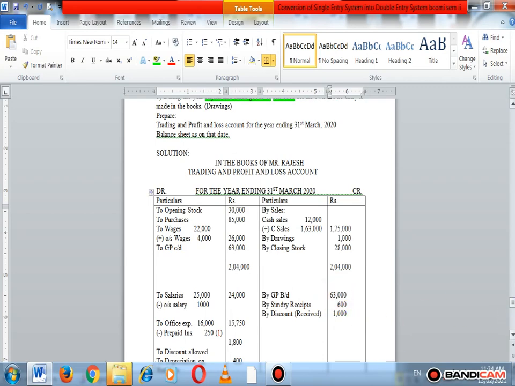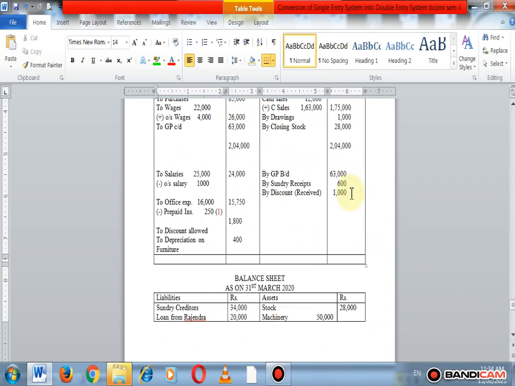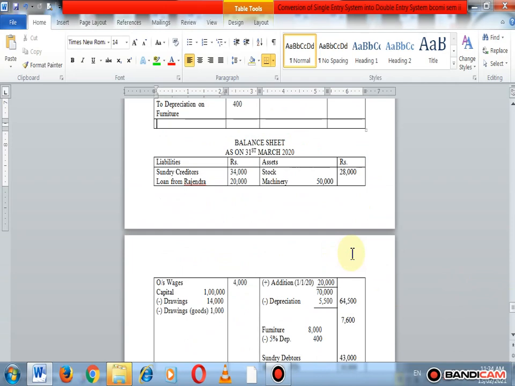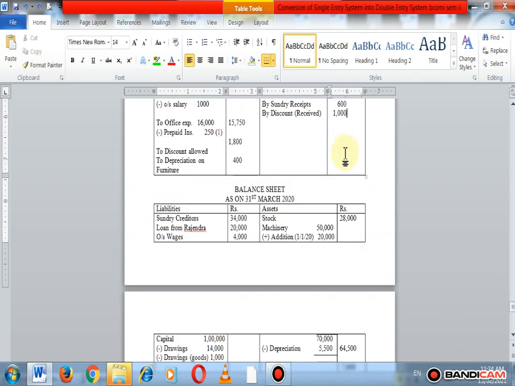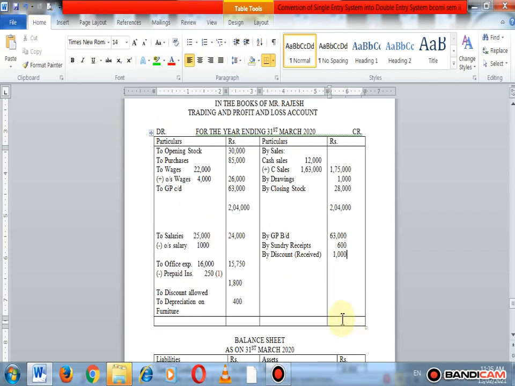Make the total and find the net profit. So the credit side total is more, that is 64,600.